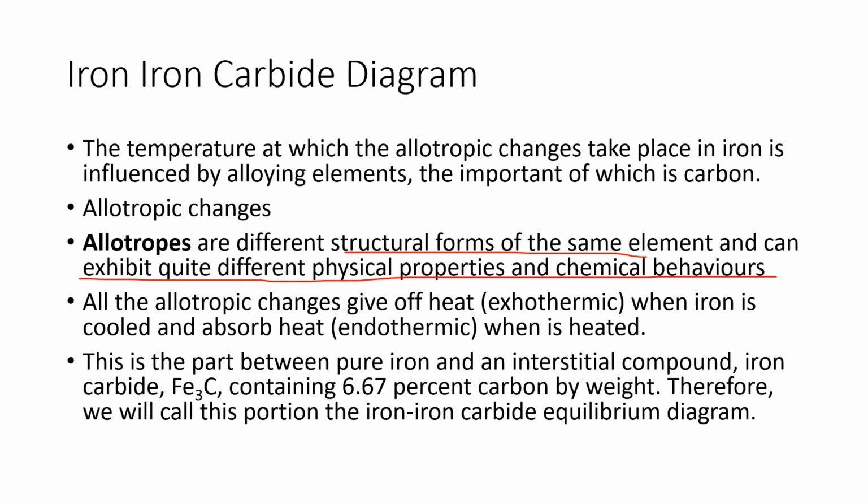So allotropes are different structural forms of the same element but exhibit quite different physical properties and chemical behaviors. All the allotropic changes give off heat when iron is cooled and absorb heat in an endothermic reaction when it is heated. So this is the part between pure iron and the interstitial compound iron carbide containing 6.67% carbon by weight.